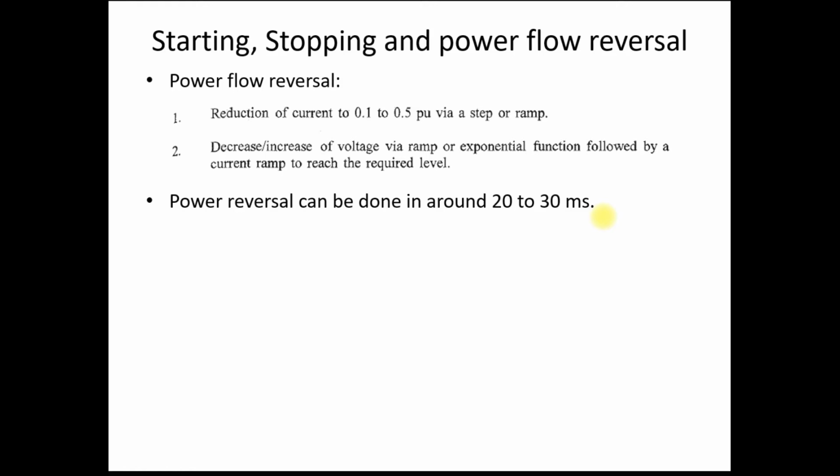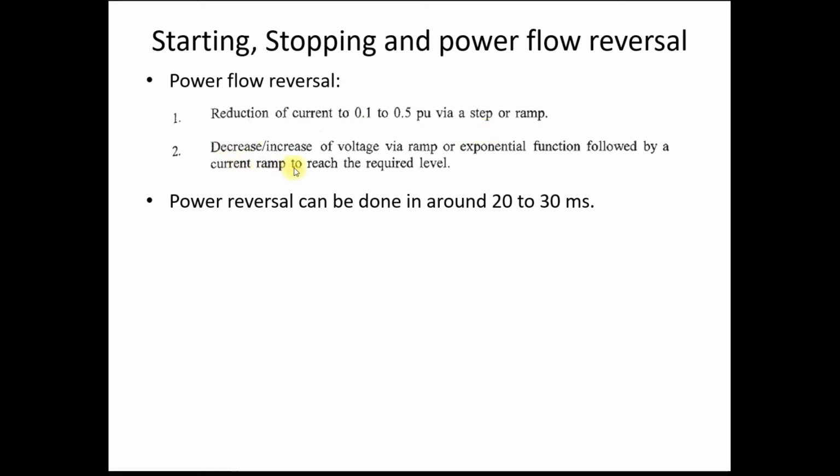The first step is the reduction of the current to 0.1 to 0.5 per unit via step and ramp. Here I'm talking about the DC current. When you want to reverse the power, first you reduce the DC current to 0.1 to 0.5 per unit via steps and ramps by the controls or current order signals.